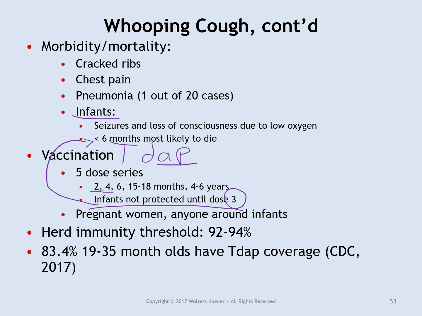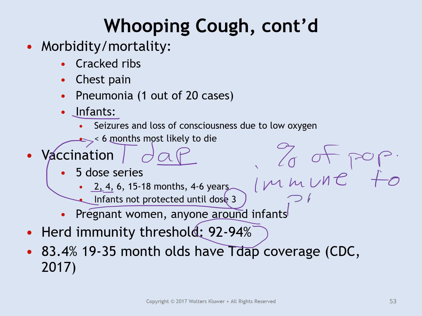Herd immunity threshold for our whooping cough vaccine is 92 to 94%. Getting so many public health and epidemiology terms in this lecture. Herd immunity threshold means what percentage of our population needs to be immune, either by getting whooping cough or by being vaccinated, in order to prevent an outbreak.